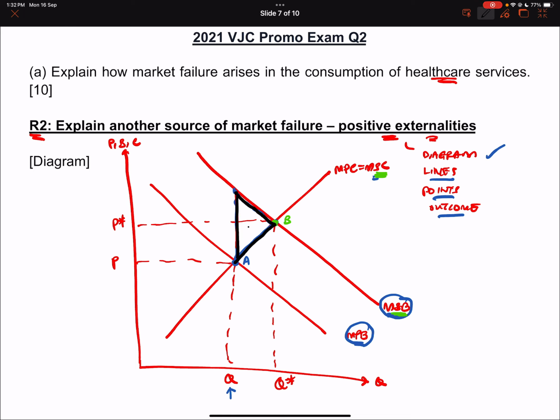So area A is here, and then area B is here. Right. So if you consume more, you get A plus B. But then your cost is area B, so you're letting go of A by stopping here, and that's bad. That creates a deadweight loss of area A.